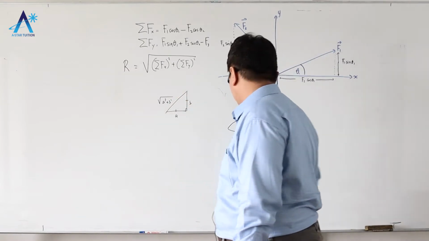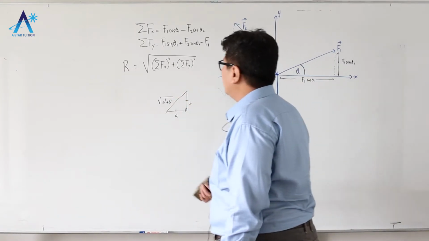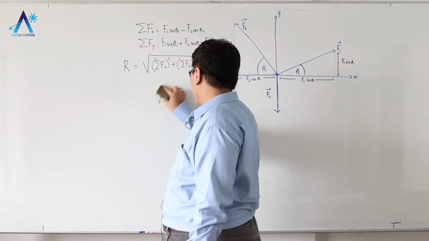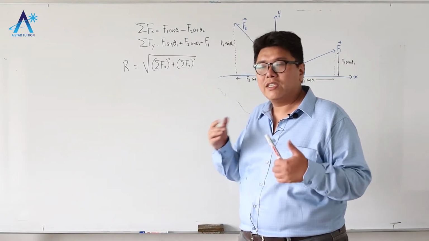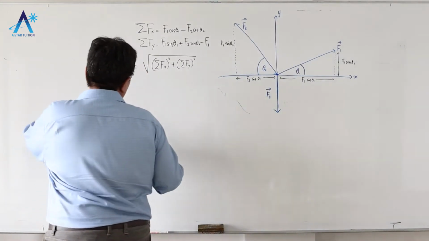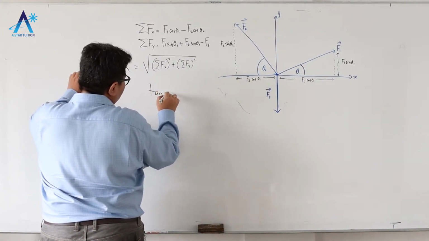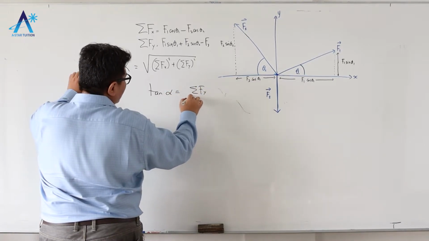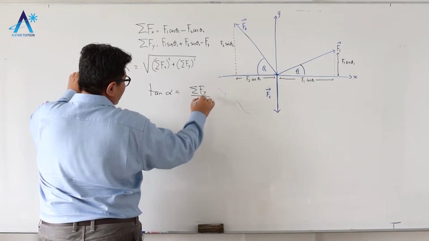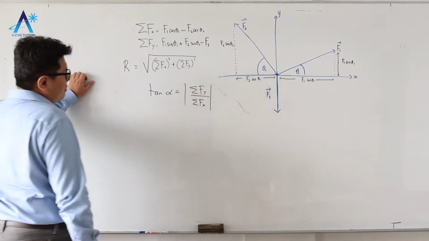Now, once you have this, you can also find the direction. And as always, we use an angle to describe direction. So tan of alpha is equal to sigma Fy over sigma Fx. Use absolute values.